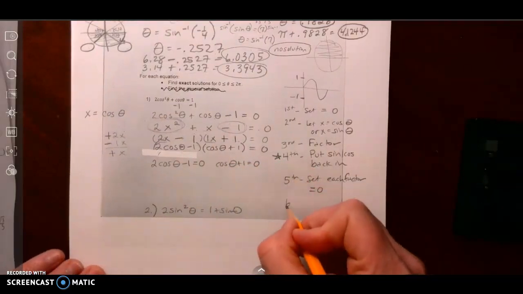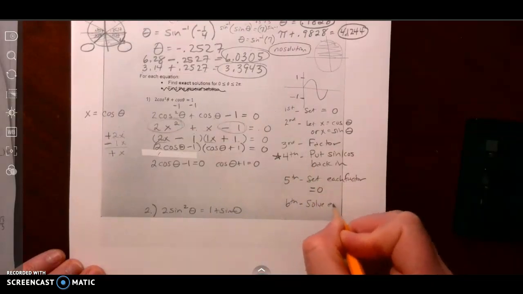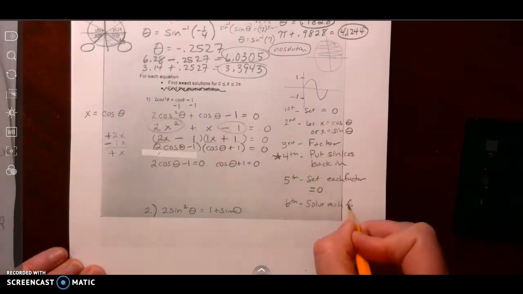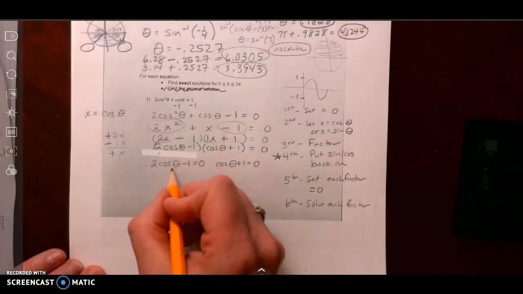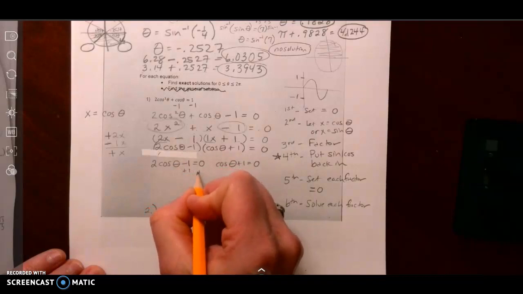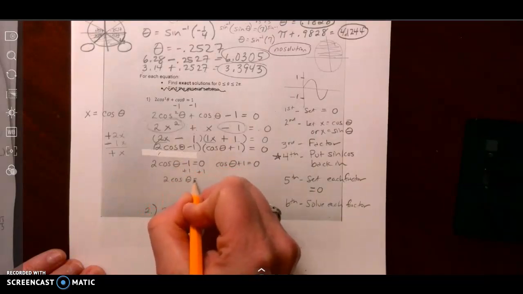And my last step is to solve each factor, which brings us back to the very basic equations that we did at the beginning. Add 1 to each side. 2 times the cosine of theta equals 1.